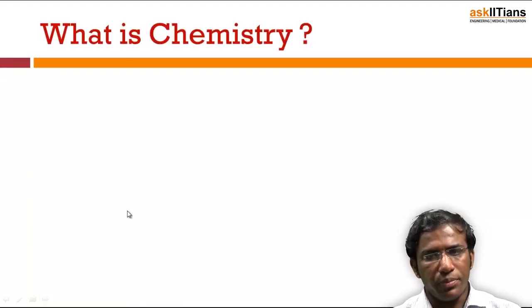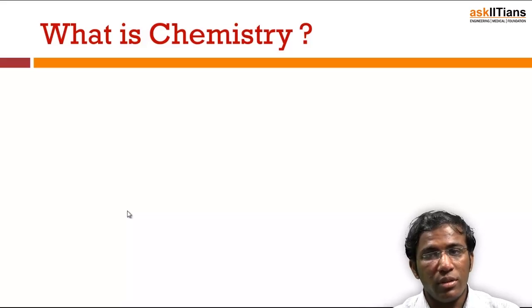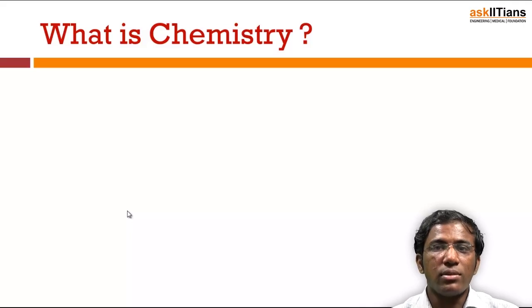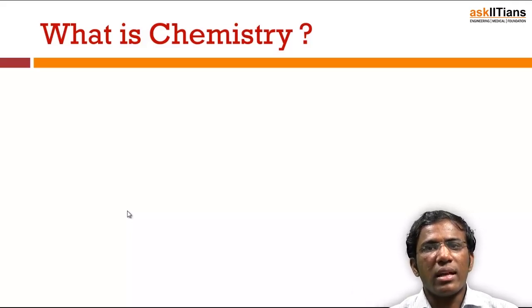So what is chemistry? Chemistry is a branch of science that deals with atoms and molecules. We are surrounded by air. The air contains different gases, and these gases are made up of atoms.